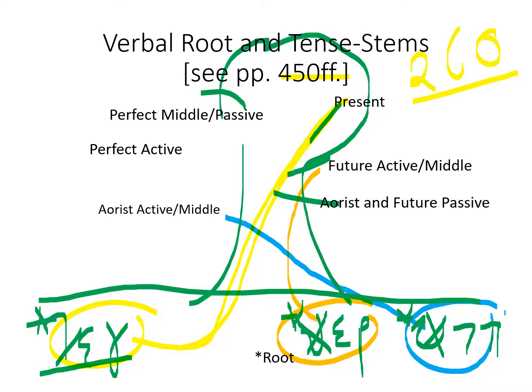So when you get into a text, the stems are going to look different because there are three different roots involved. And the same for oida, the next word down, and horao. And you can look at pages 457 and 458 to see those specifically. So again, the reason we have different stems is because we have different roots.